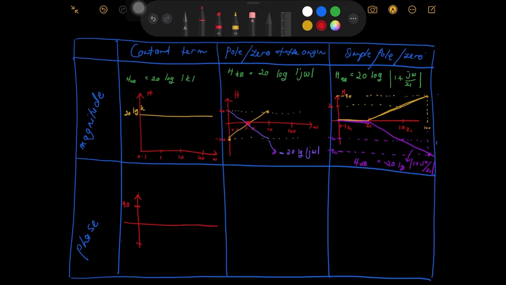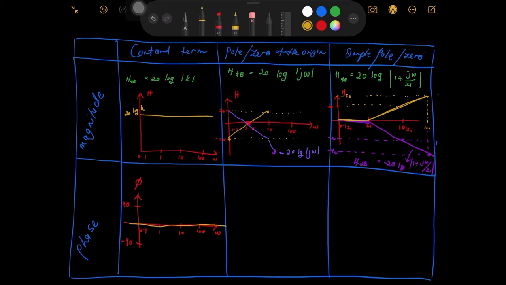While for phase, the increment is in degrees, and you can start your degrees at 45 or 90 or so on. If you start your value at 45, for example, it will go from 45, 90, 135, and so on. Alright, so for the constant term, how you plot it is very easy.